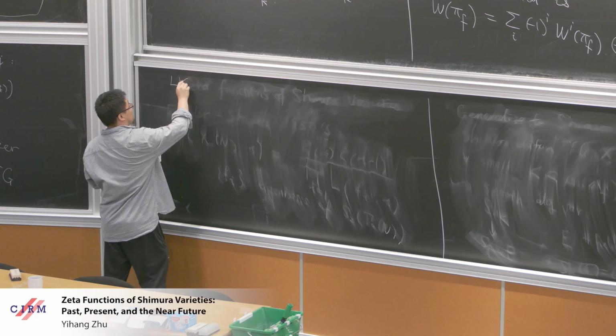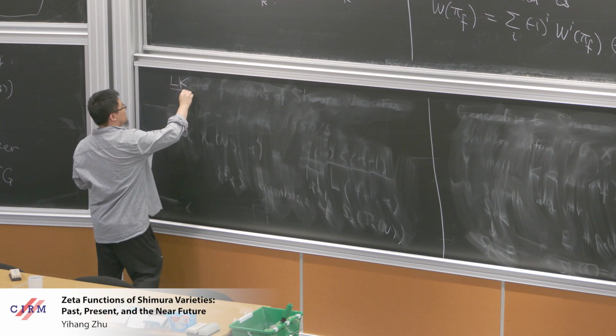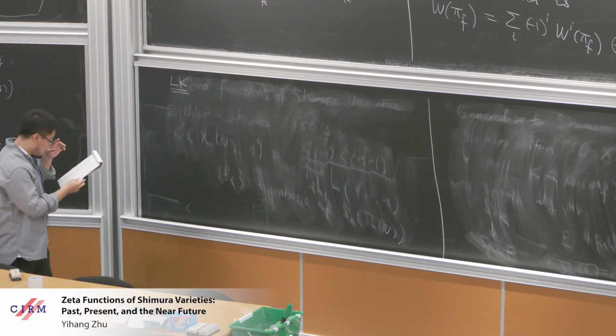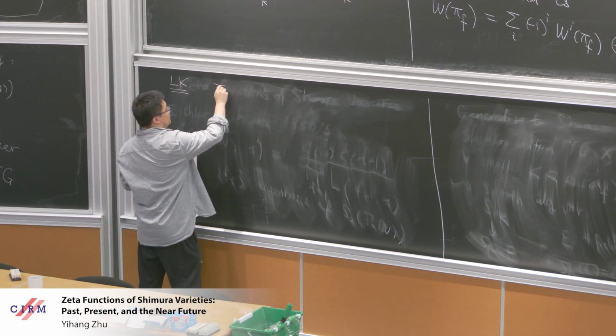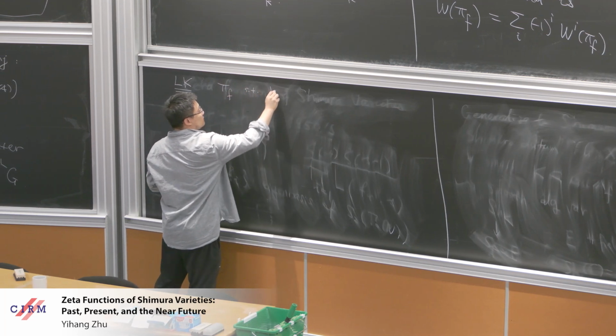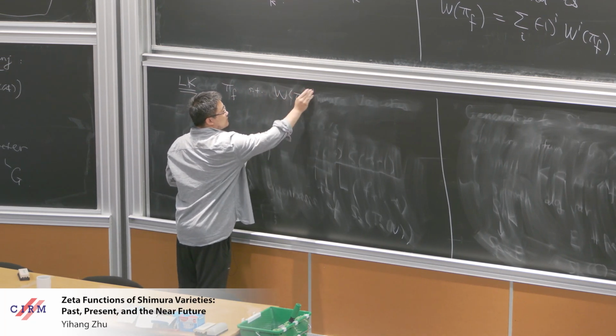Okay, so here is the Langlands-Kottwitz recipe. Suppose we start with some π_f, such that the scalar representation is non-zero.